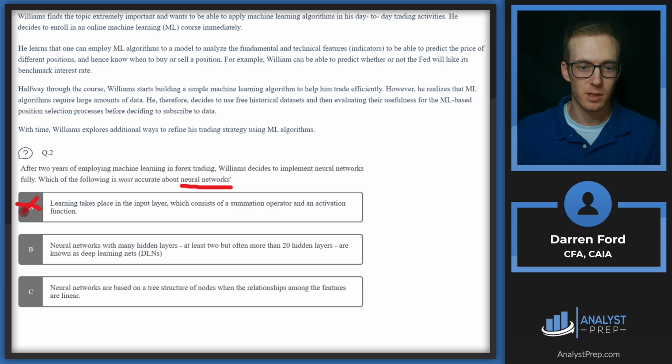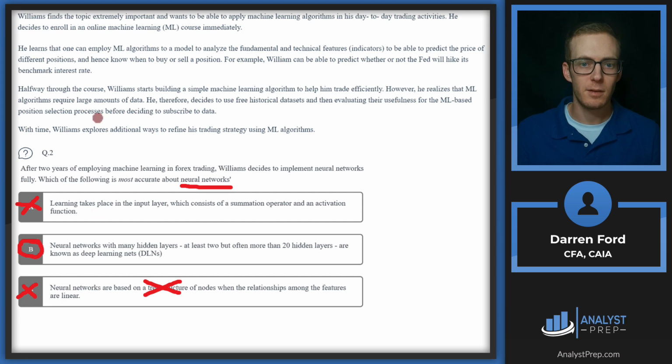So we can go ahead and cross off A. B, neural networks with many hidden layers, at least 2, but often more than 20 hidden layers, are known as deep learning nets. This is a correct definition of neural networks, so I think that's going to be our answer, but let's make sure we can rule out C as well. C, neural networks are based on a tree structure of nodes when the relationships among the features are linear. They are not based on tree structure of nodes, so we can go ahead and cross off C.